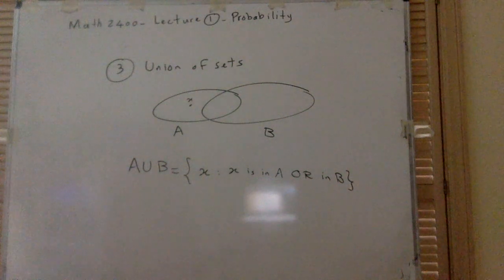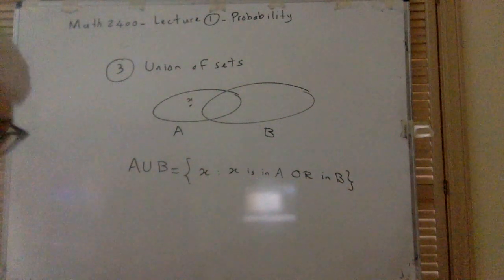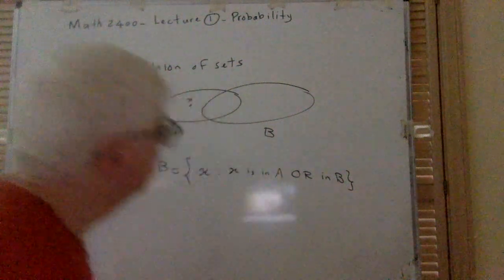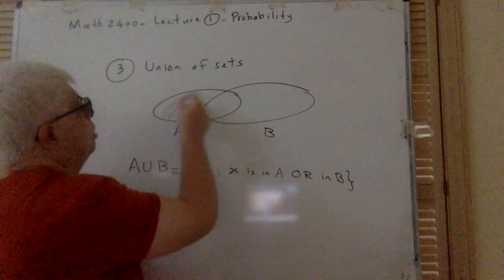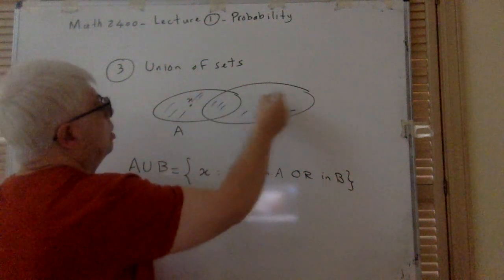So OR is union. So what is it as a Venn diagram? If these two are the sets, then union is basically this.